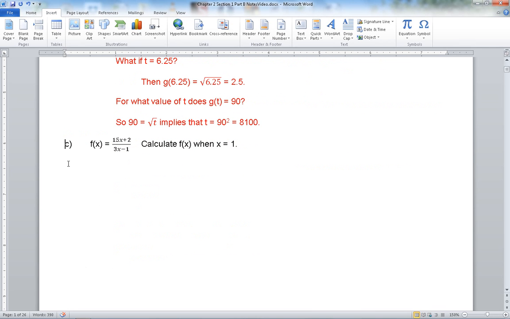The next function we looked at was this ratio where we had two linear functions. In the numerator we had 15x plus 2, and in the denominator we had 3x minus 1. What would this calculate to be if x equals 1?